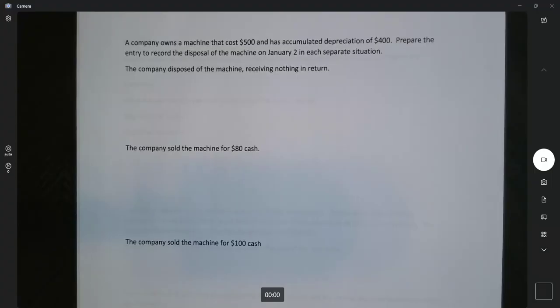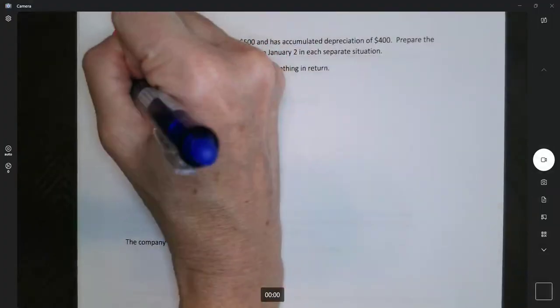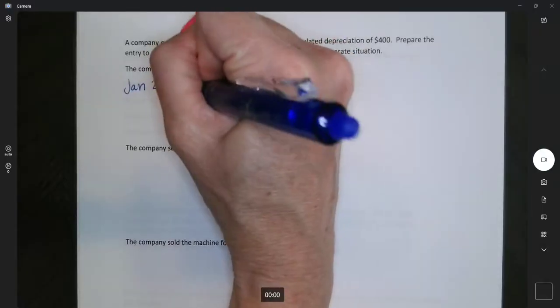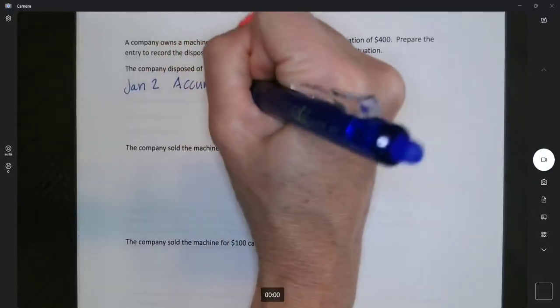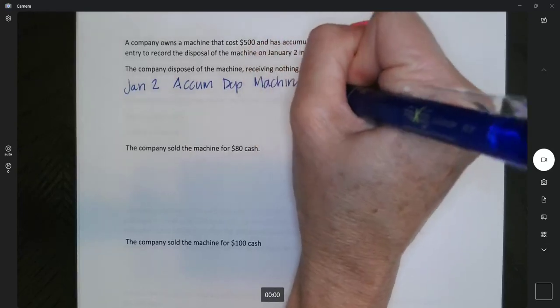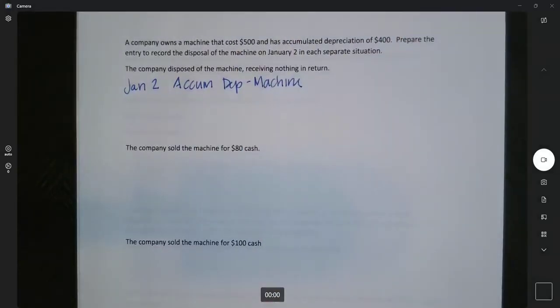First up, the company disposed of the machine, receiving nothing in return. We're going to debit accumulated depreciation on the machine, which is 400.